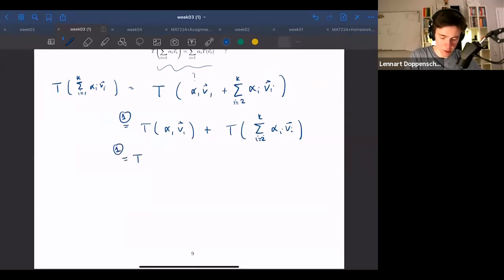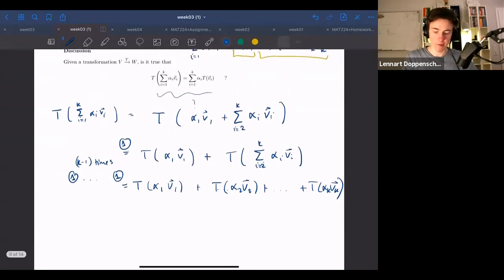So we just apply this k minus 1 times. And then we have alpha 1 v1 plus the next one is the alpha 2 v2 that comes out. And then this continues to T of alpha k vk.